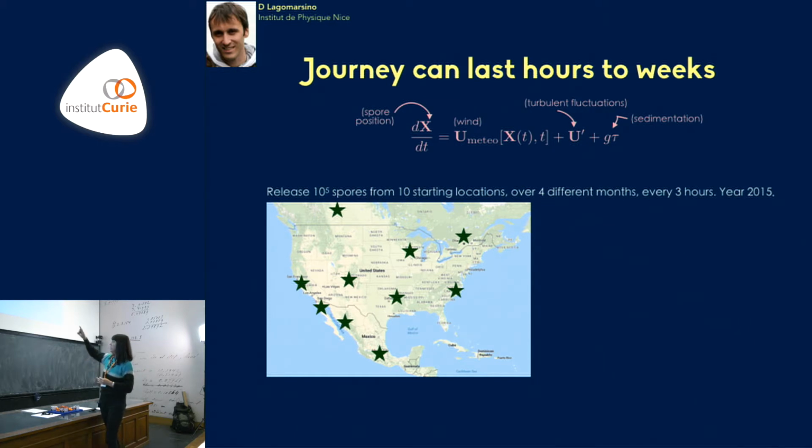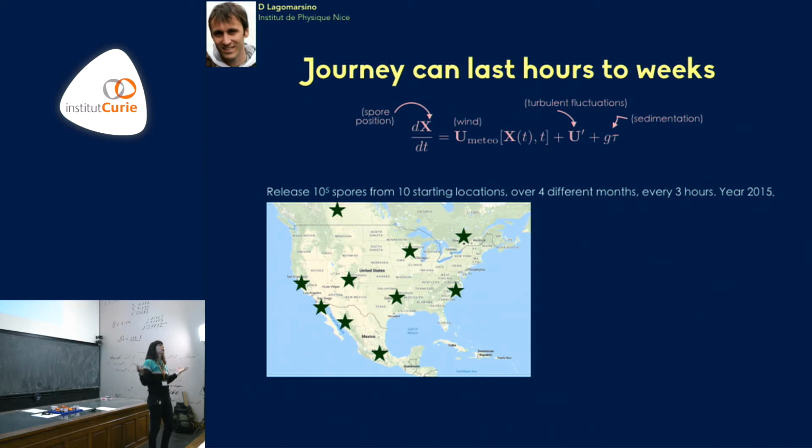And then he released spores at a certain height, which doesn't really matter that much, for 8 simulations per day, to explore how the trajectories depend on time of the day.